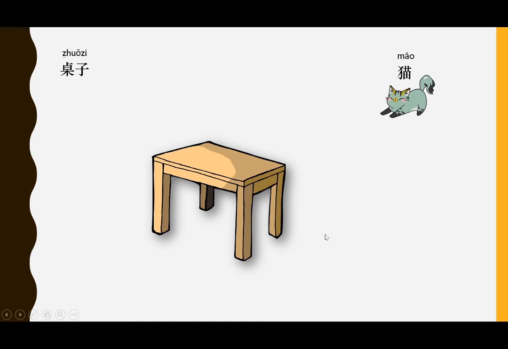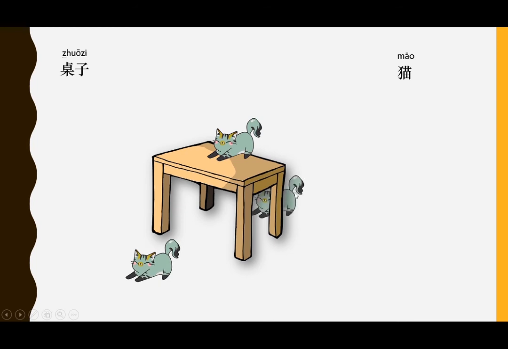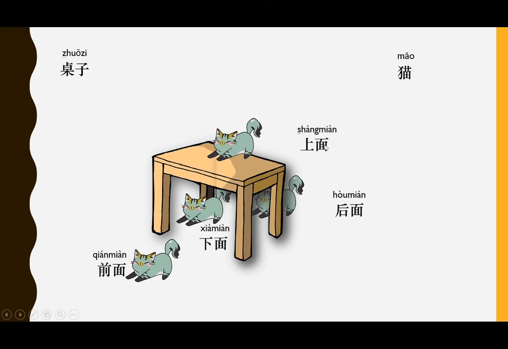The cat, 猫, can be put on the table, in front of the table, behind the table, and under the table. And these places where we put the cat, 猫, can be called 上面, 下面, 前面, 后面.